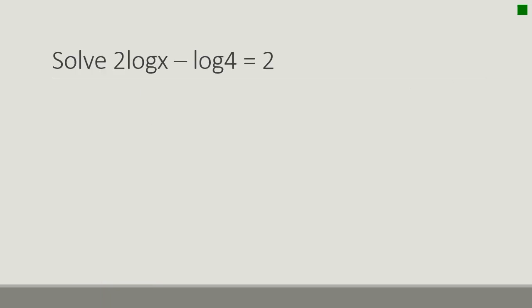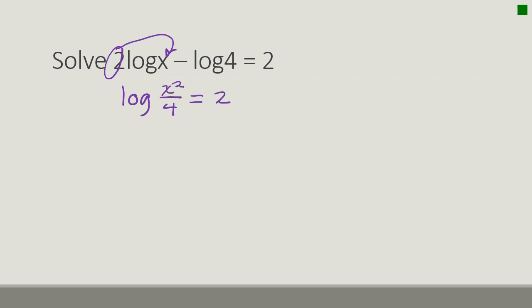So now in this case, I've got to do some condensing. So remember that when we subtract, that's division. So I've got log with the base of 10 of x squared over 4 equals 2. The 2 is an exponent, so that becomes x squared over 4.